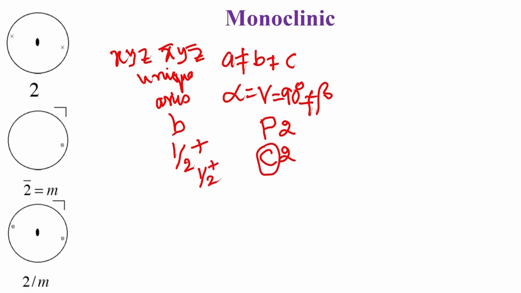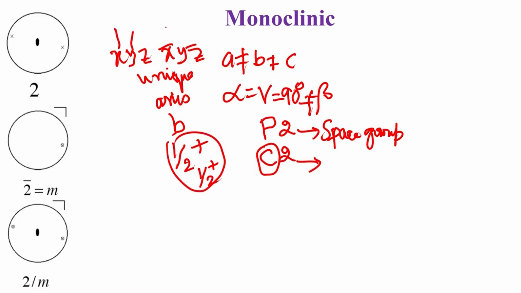What it means is that in the case of the space group P2, we have 2 equivalent points. In the case of the space group C2, we will have 4 equivalent points. Each one of these equivalent points gets a half and half added on to its coordinates. So, we will in effect have 4 equivalent points.